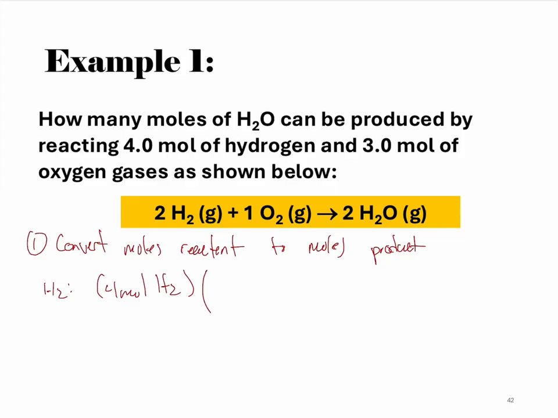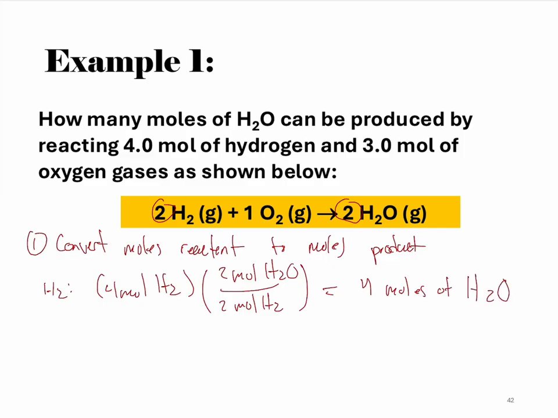It's 2 to 2, which is like a 1-to-1 molar ratio, but we have 2 moles H2 per 2 moles H2O. We get that from our balanced chemical equation. And so this is just going to equal 4 moles of water that's going to be produced here. Because 2 over 2 is just 1. We're just multiplying that number by 1, which is how I know it's going to be the same there.